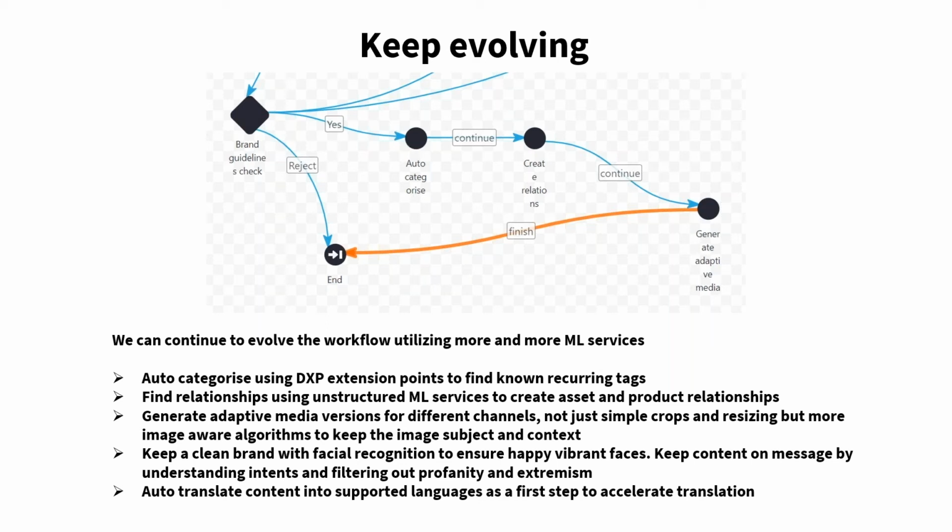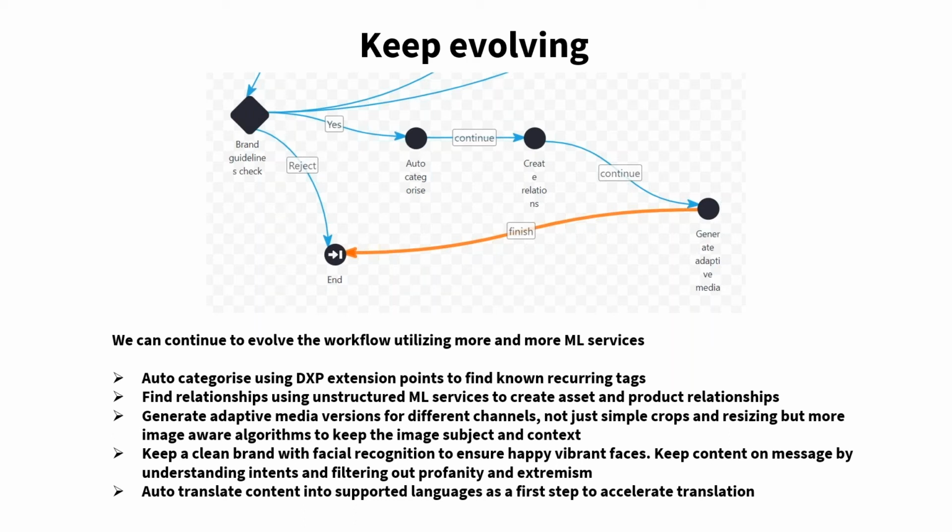And then finally, what we can do is next generation adaptive media. Now, Liferay includes adaptive media out of the box, but what we can do is take it to the next level, whereby we don't just crop and resize.